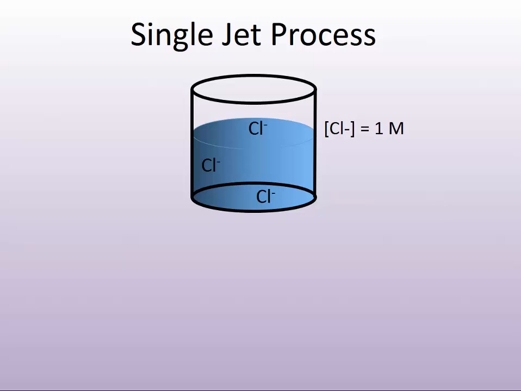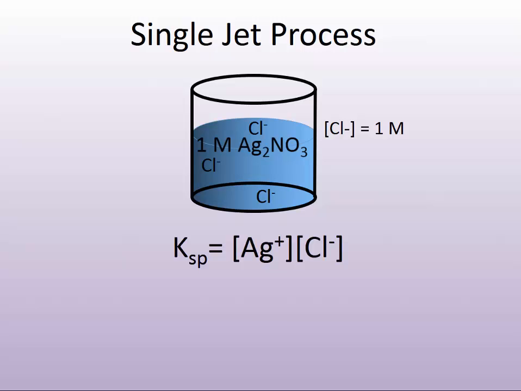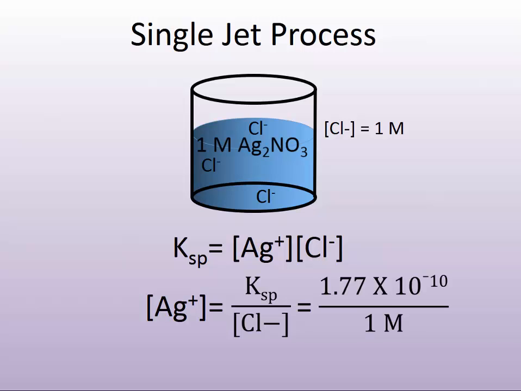If I add, and this keeps the math simple, 1 molar silver nitrate to that in a single jet process, then what the KSP says is I can't have silver ion with chloride ion in a concentration any higher than 1.77 times 10 to the minus 10 molar. Cannot be any higher than that.